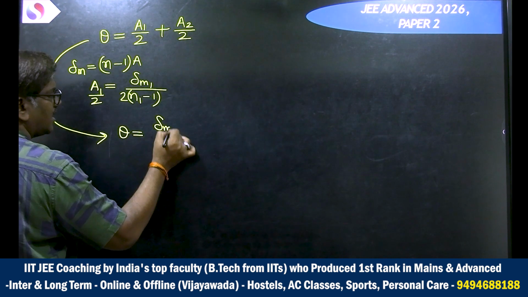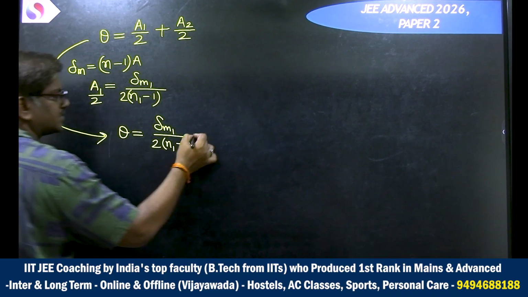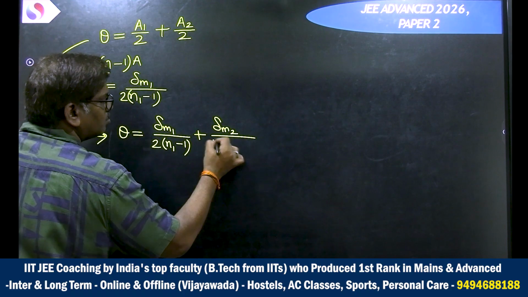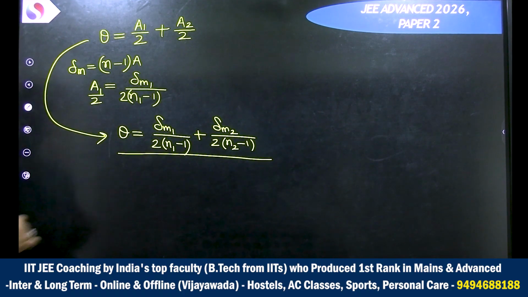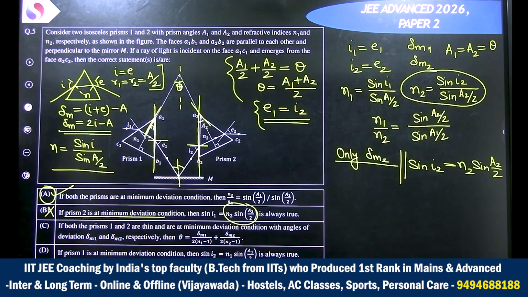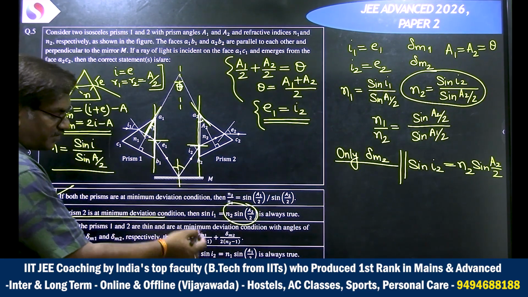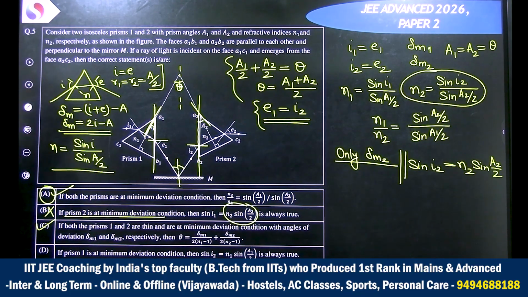It is delta M1 by 2 into N1 minus 1, plus, what is A2 by 2? That is delta M2 by 2 into N2 minus 1. Alright, so option 3 is also right. They just wrote A1 by 2 and A2 by 2 in terms of deviation and the refractive index. So the third option is also right.